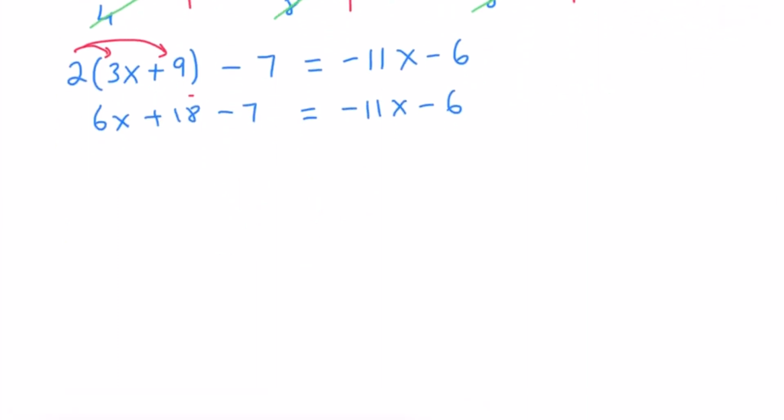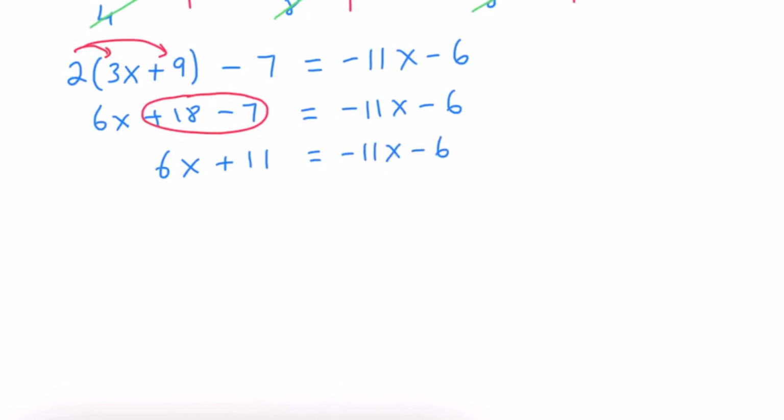Simplify more on the left side. Combine the numbers together. So we have 6x and then 18 minus 7, which gives us plus 11, is equal to -11x - 6. Nothing else to simplify on either side, so let's get all the x to one side.